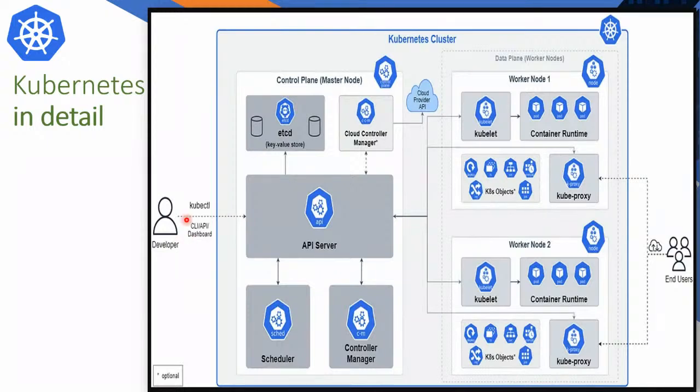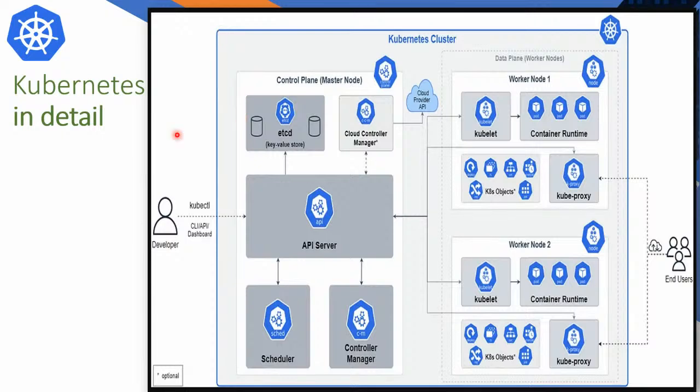There is some utility which is also provided by Kubernetes. We have to install that, kubectl. Kubectl is a very powerful tool. Nowadays you will find a user interface, a UI, for this Kubernetes cluster. That UI can be provided by a third-party tool or can be provided over the cloud. There are cloud providers like Google Cloud, Amazon Cloud, Azure Cloud.